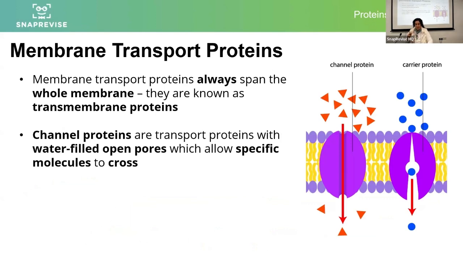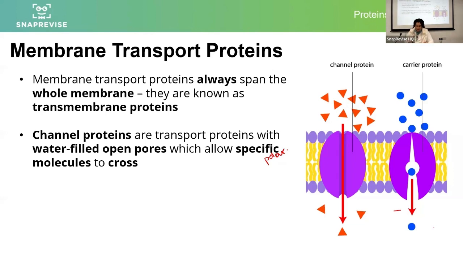We've got two main types of transport proteins, and one are channel proteins, and they will have a fixed shape, and they will have a water-filled or aqueous pore, which allows specific molecules to cross. These specific molecules are most of the time going to be polar. But also, sometimes channel proteins will not allow any polar molecule to pass through. They'll have some specificity about which exact types of molecules they allow.